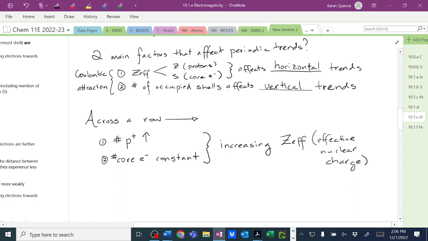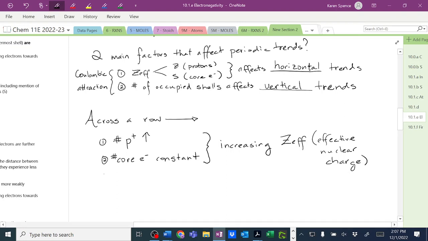Okay, so once you've got that, what can you say? How does this relate to electronegativity? Tell your partner how this relates to electronegativity.